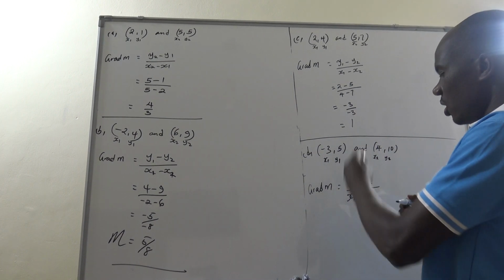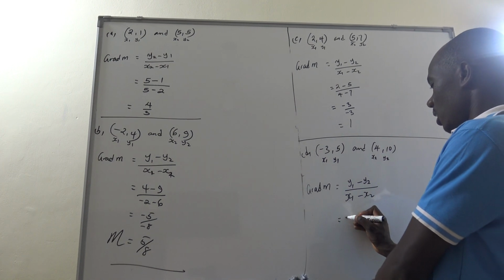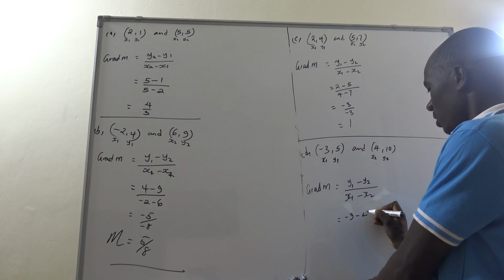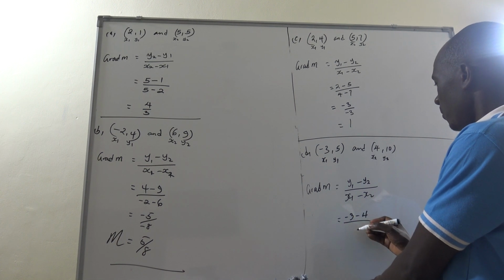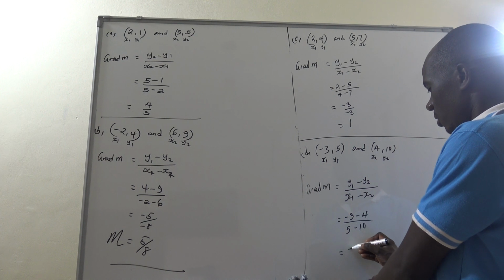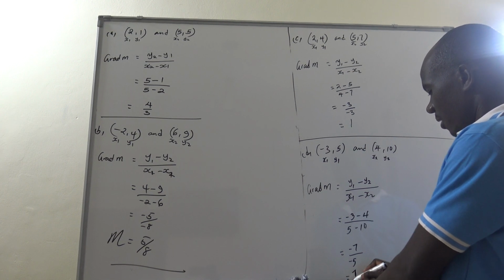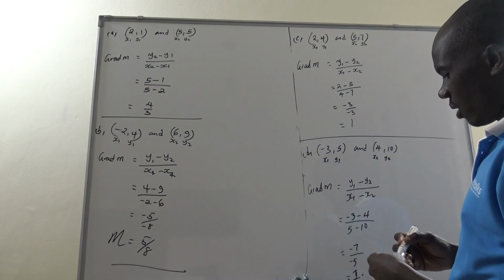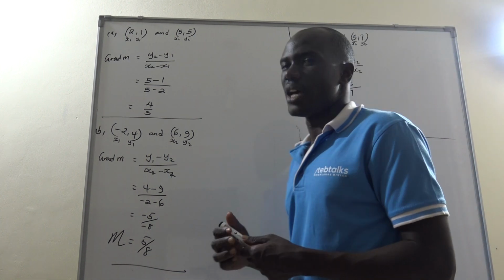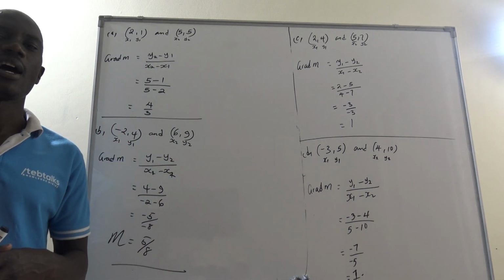So long as it is change, you follow that. So y1 is 5 minus 10 all over negative 3 minus 4, which is negative 5 out of negative 7, which is 5 out of 7. So this is what you can do as far as getting those solutions about the gradient are concerned.